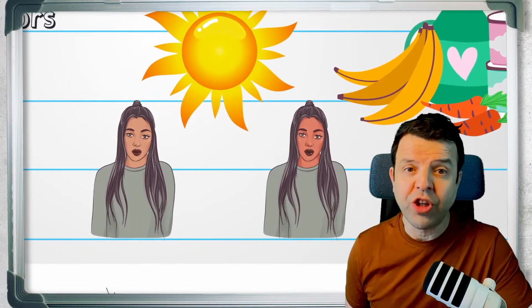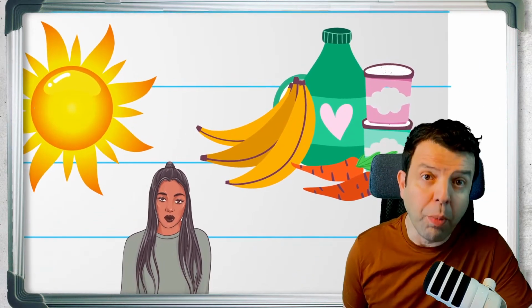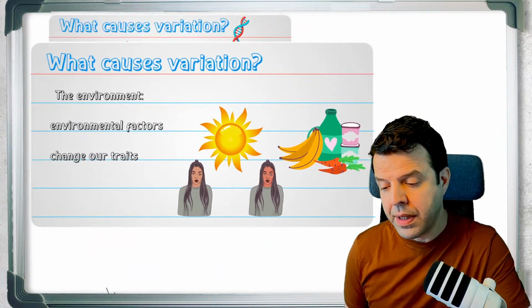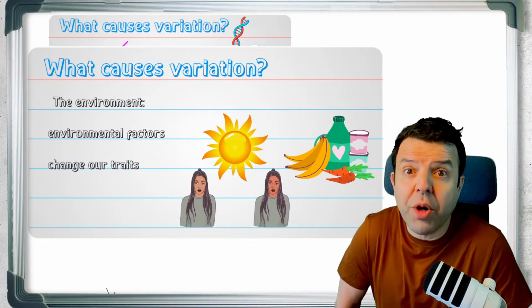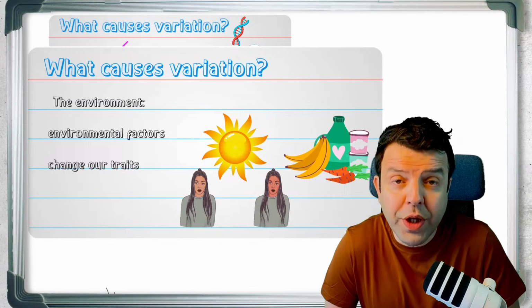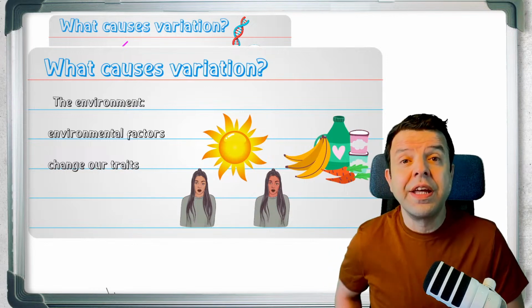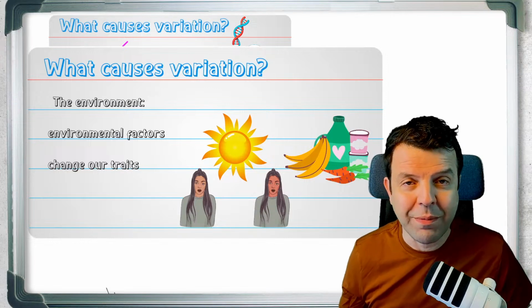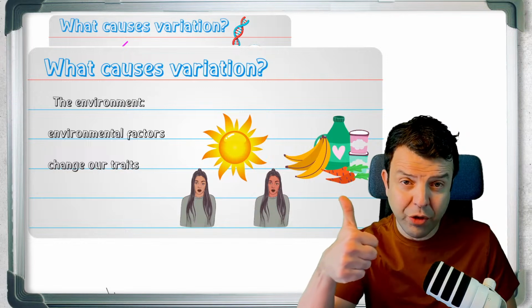Sun exposure changes your skin color. Diet changes your body mass and your height. But just think about it. It's not always the case. Environmental factors don't always change how we look. There are certain features that don't change whatever happens in the environment. Think of your blood group.